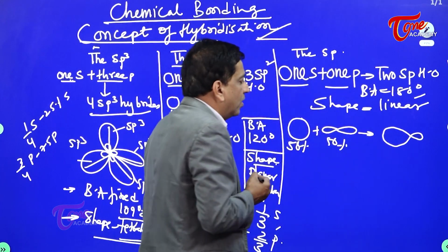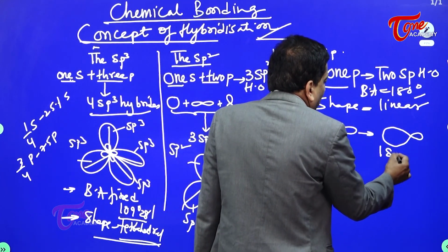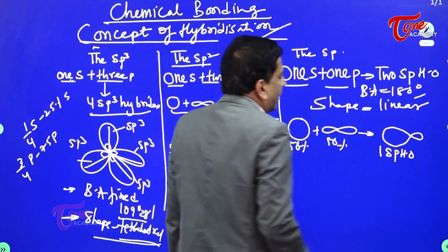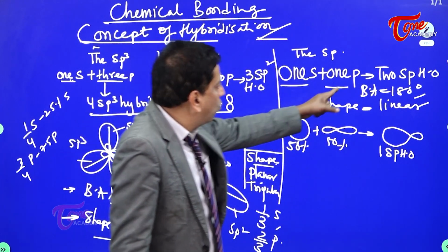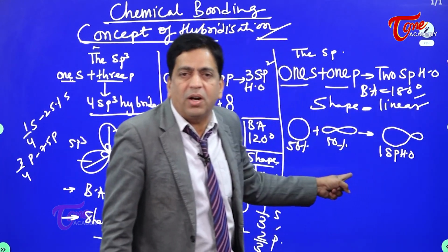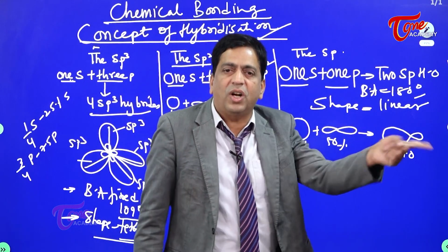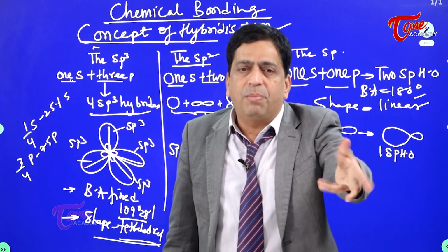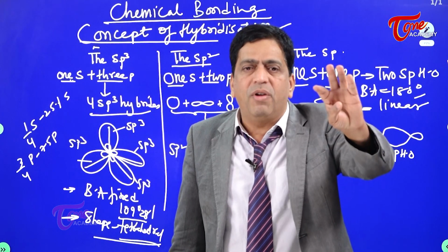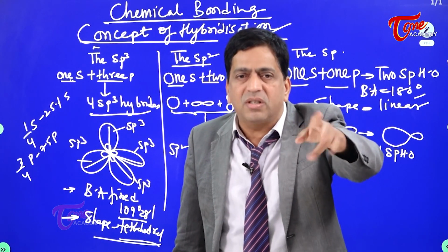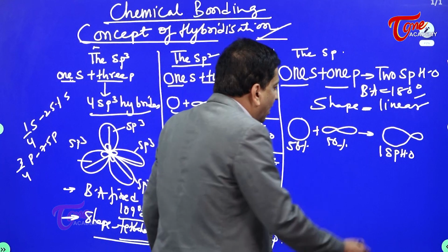This is 1s. This is 1sp hybrid orbital. And you have another, because you have 2sp hybrid orbitals. This is 1sp hybrid orbital I'm drawing, which has the shape of S as well as P. 50% S, 50% P. But it is involving 1s and 1p, so you get 2sp orbitals sitting at a certain angle. And the angle is this.